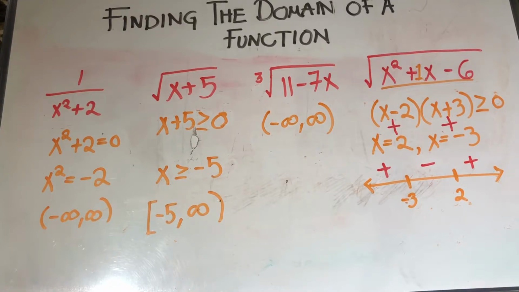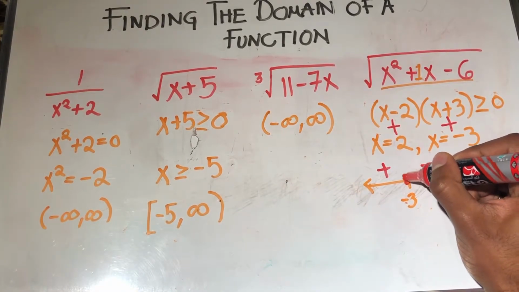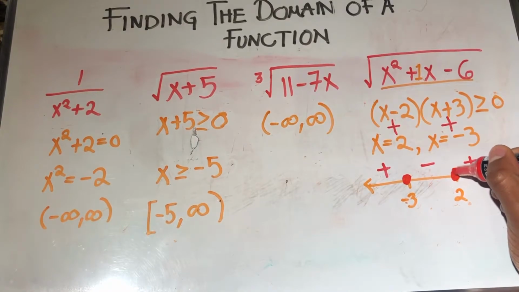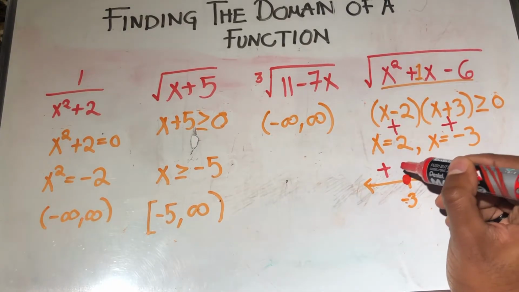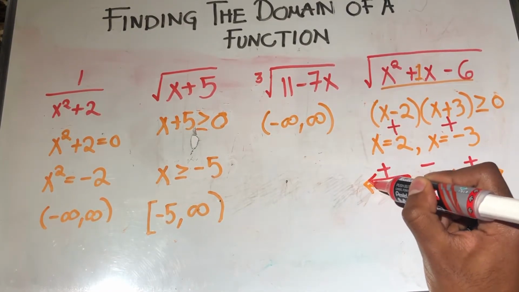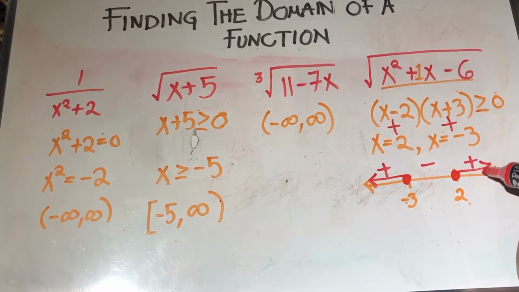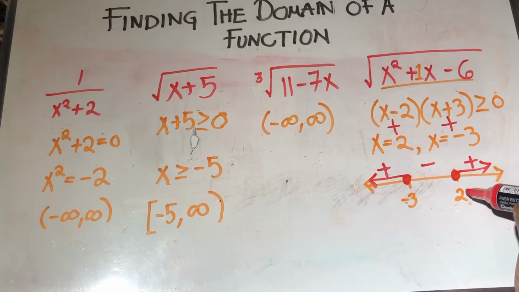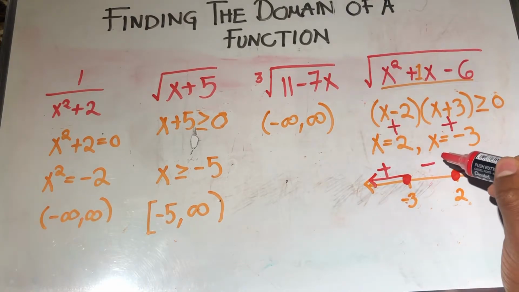Now, as I said before, don't forget that -3 and 2 are included, so it's important to put a shaded circle here. Notice how the domain is valid from negative infinity to -3, and then from 2 to infinity.